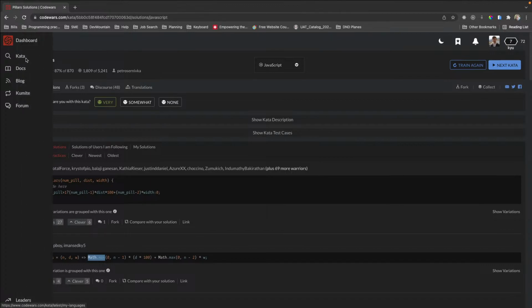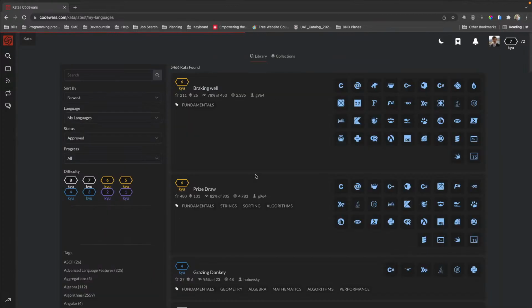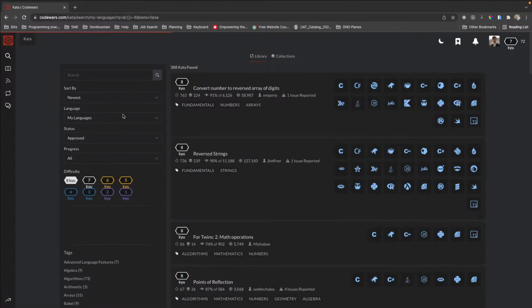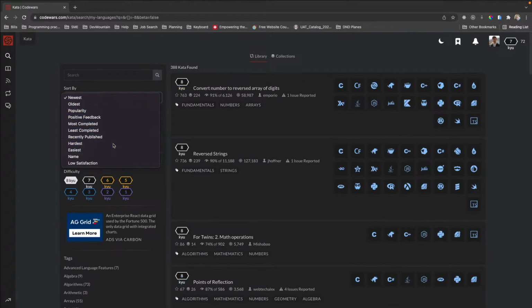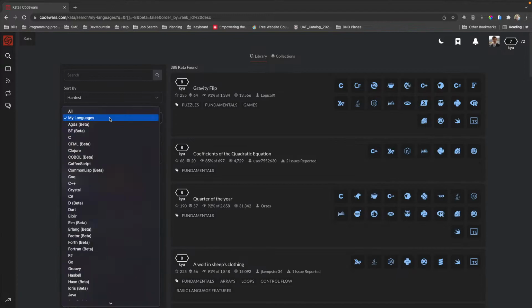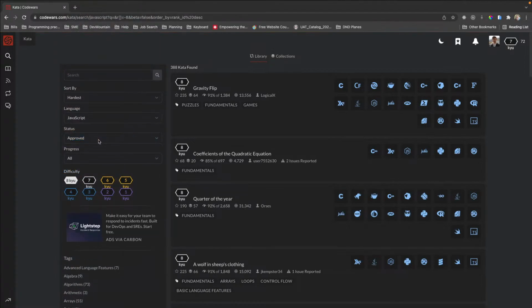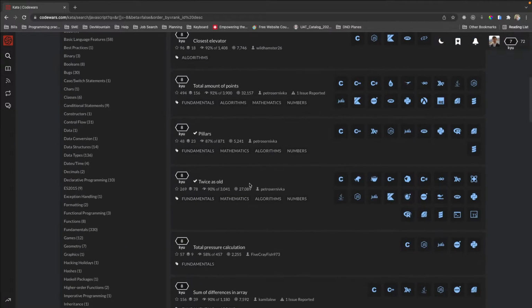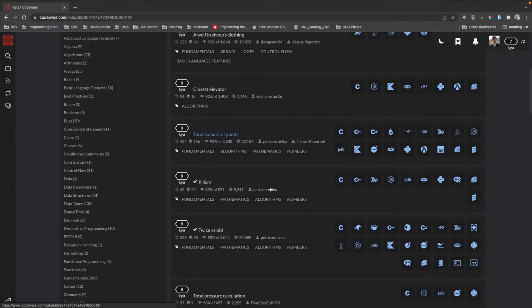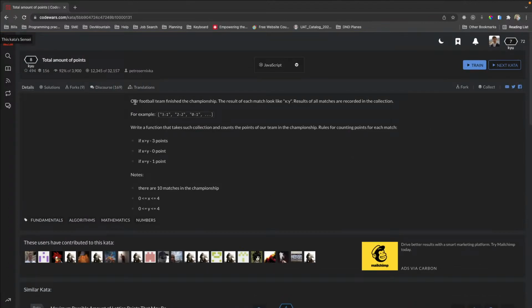Pretty cool. All right, let's find tomorrow's. We're gonna go to the hardest. Go to JavaScript. Total amount of points, just read through.